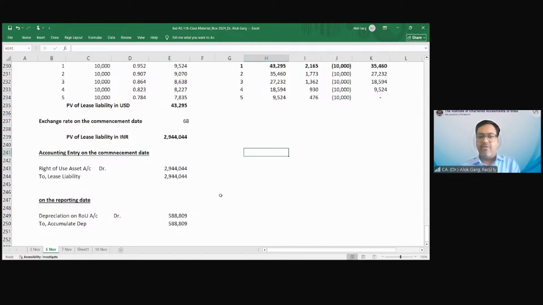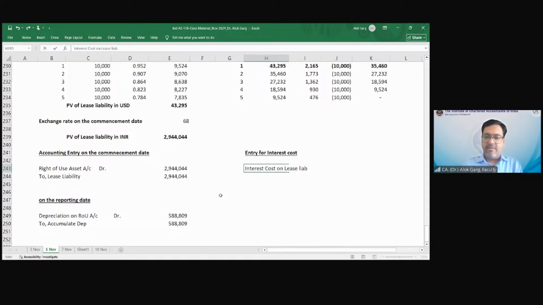Accounting entry on the reporting date, entry for interest cost. So what is the entry for interest cost? Interest on lease liability to lease liability account.